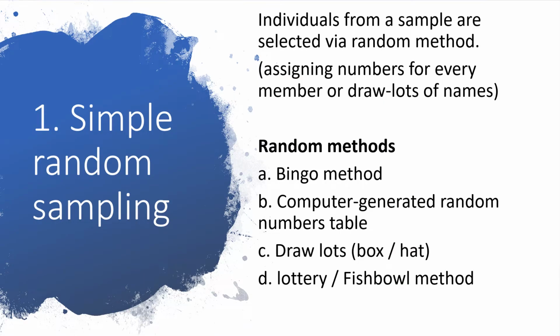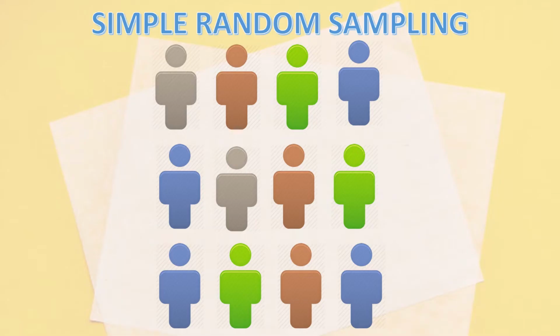In simple random sampling, individuals here from a sample are selected by a random method. It may be assigning numbers for every member or draw lots of names. Examples here are like bingo method, computer-generated random numbers table, draw lots, or lottery, also called the fishbowl method. In simple random sampling, for instance, this is your population.